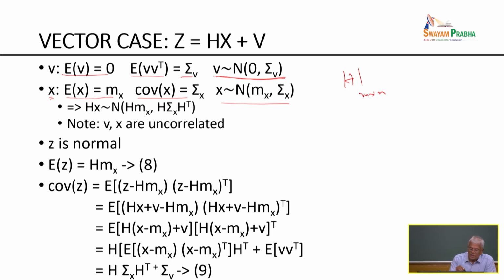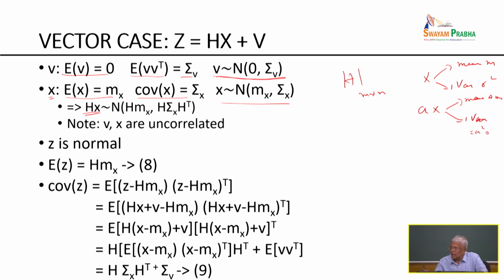Therefore, h of x is random because of x. If you multiply a random variable by a constant, so if x is a random variable with mean m and variance sigma square, and I multiply it by a, the mean is am and the variance is a square sigma square.